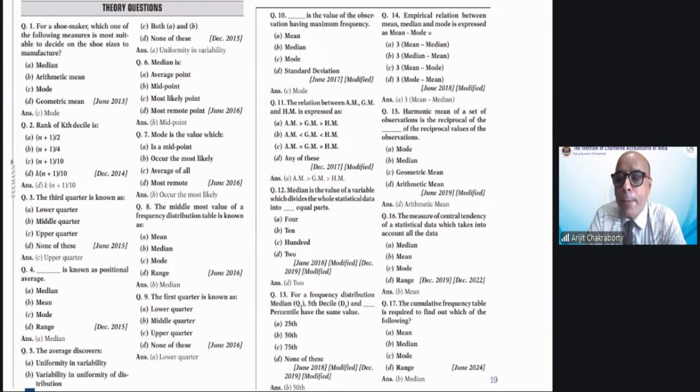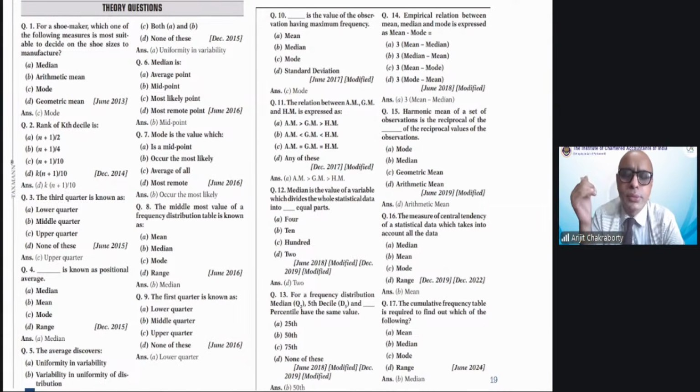Question 16, the measure of central tendency of a statistical data which takes into account all the data. Definitely mean is the most appropriate answer, mean. Number 17, the cumulative frequency is required to find out which of the following.